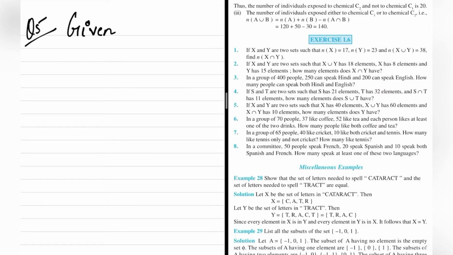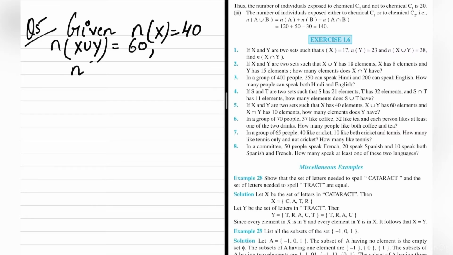It is given that x has 40 elements. So n of x is equal to 40. Union has 60 elements. So n of x union y is equal to 60. And the intersection has 10 elements. So n of x intersection y has 10 elements, and you have to find the number of elements in the set y.